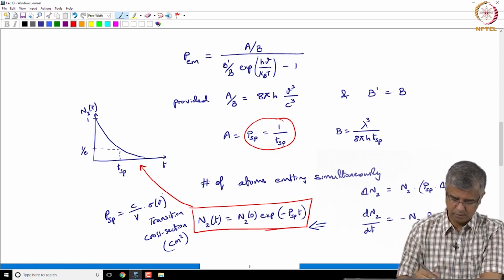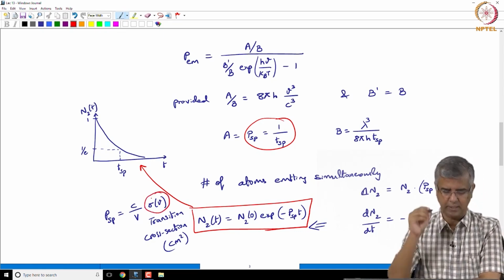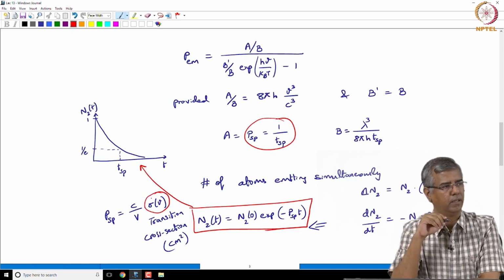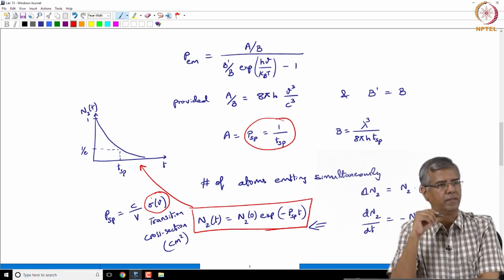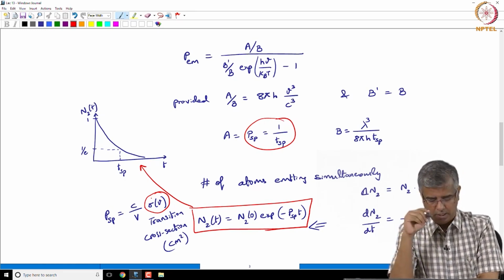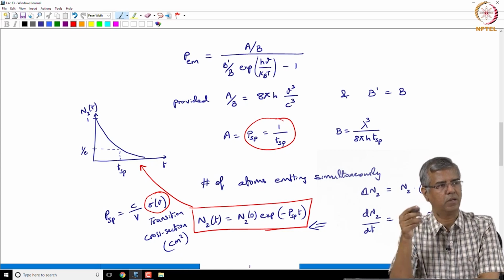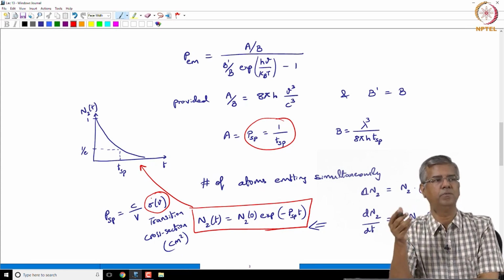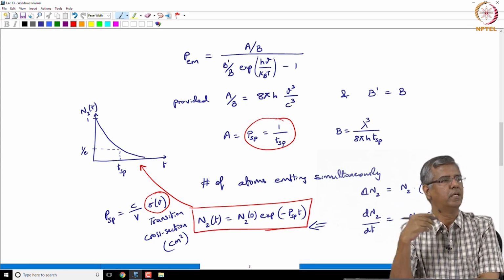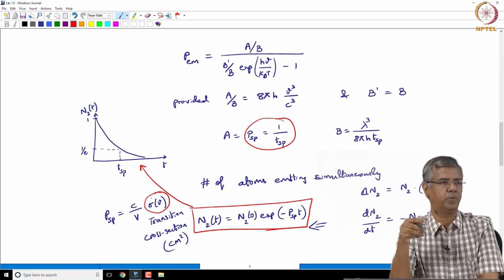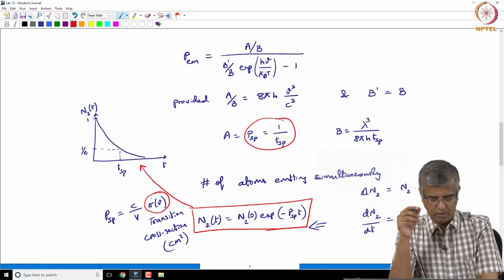So, we will see that when we are quantifying a lot of these probabilities, we will start expressing that in terms of this sigma, which is called the transition cross section. If it is transition cross section corresponding to emission, we will call that sigma E. If it is transition cross section corresponding to absorption, we will call that sigma A. Okay.